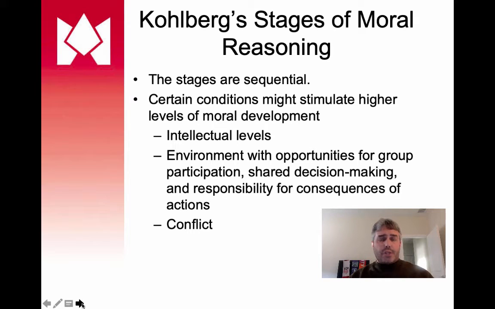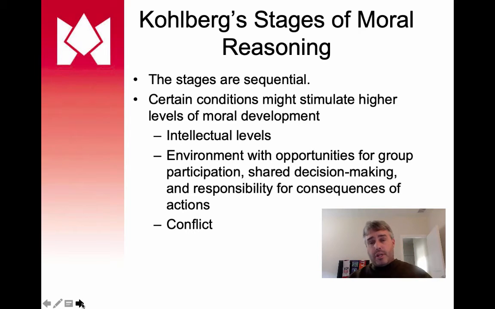Kohlberg said that all the stages are sequential, and certain conditions might stimulate higher levels of moral development, right? So people may move through these stages quicker, dependent on intellectual levels, dependent on an environment that may force them into moving through those moral reasoning stages, or if there's conflict within themselves, right?